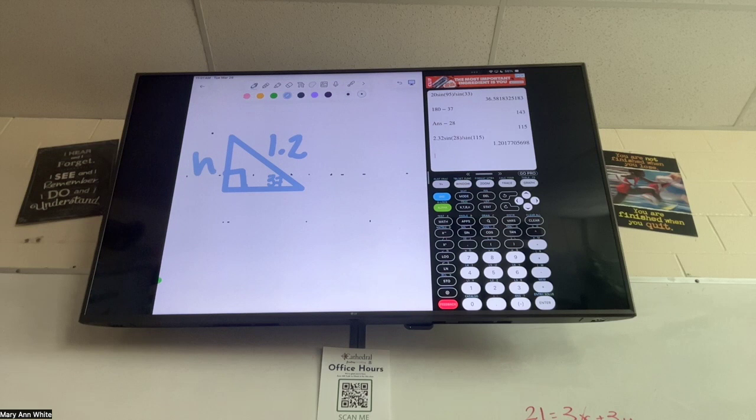Let's just do SOHCAHTOA. So what sides do I have in terms of opposite, adjacent, hypotenuse? I have opposite and I have hypotenuse, right? So we're going to do sine. We're just going to do sine of 37 equals h over 1.2.